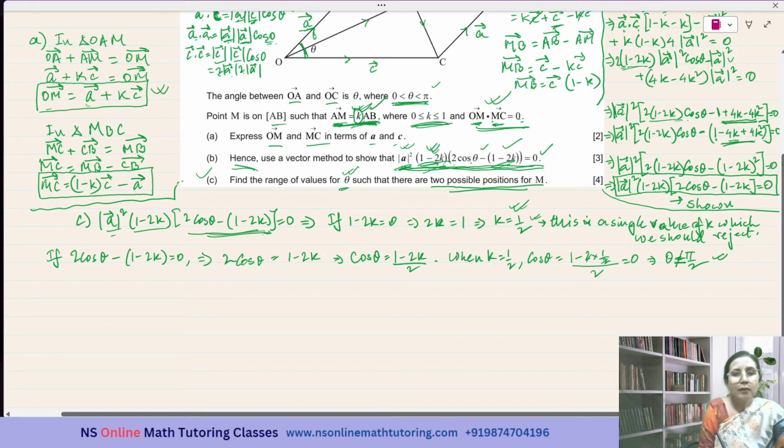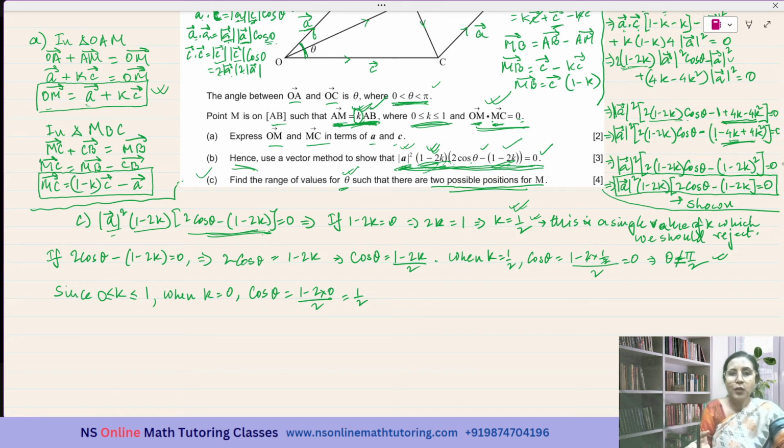Since k is between 0 and 1 both included, when k is equal to 0, cos theta is equal to (1 minus 2 times 0) over 2, equal to half. Cos theta equal to half, therefore theta is an angle from the first quadrant, and the value is theta equal to pi over 3 or 60 degrees.